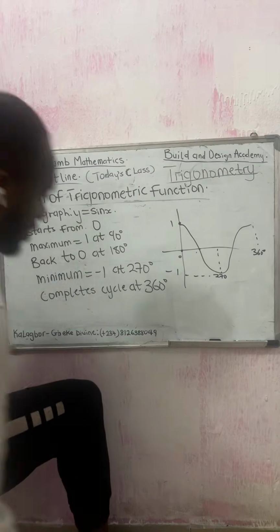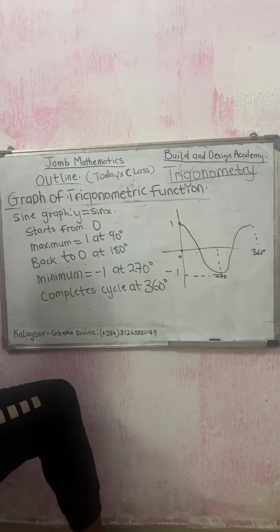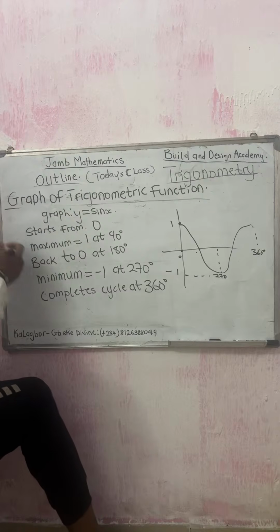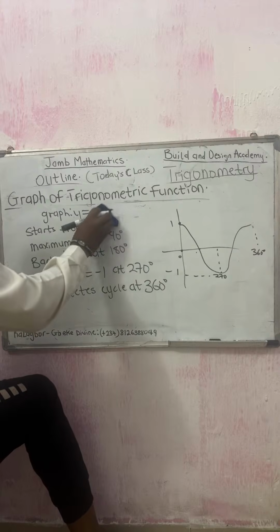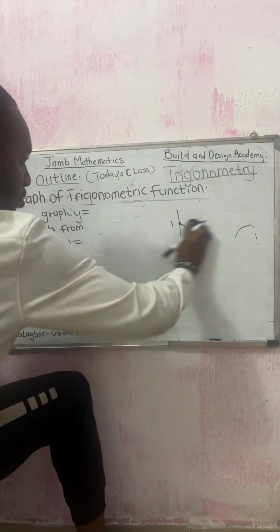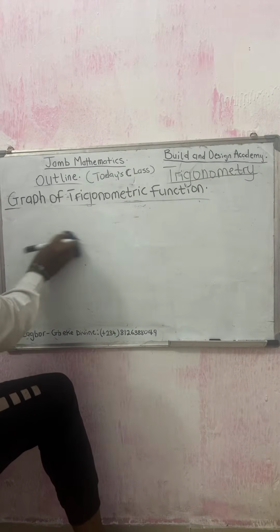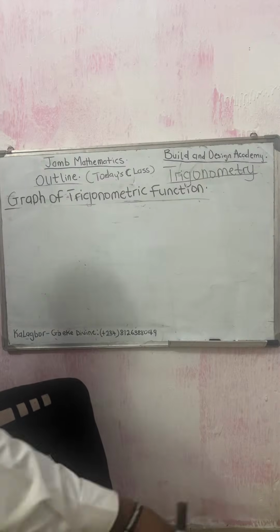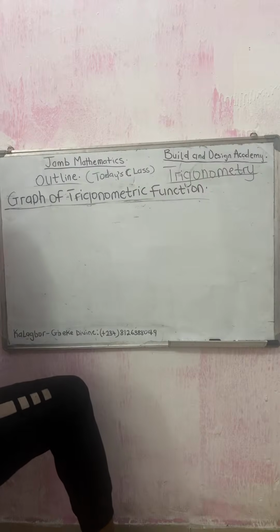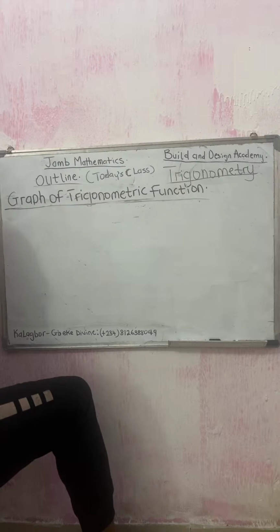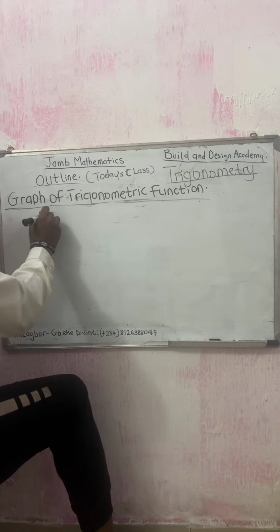Alright, so let's go to the next one, which is the cosine graph. For the cosine graph, key properties.